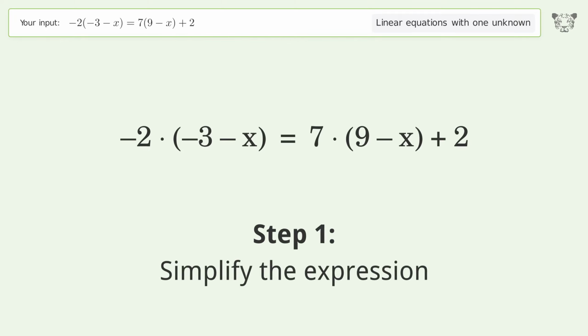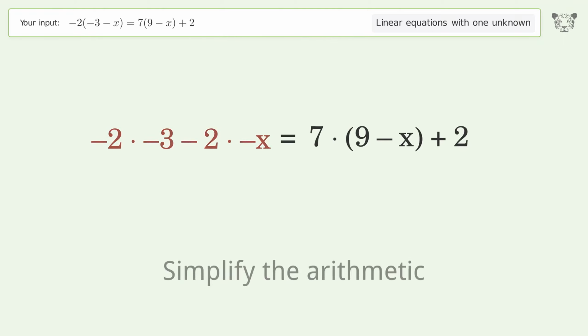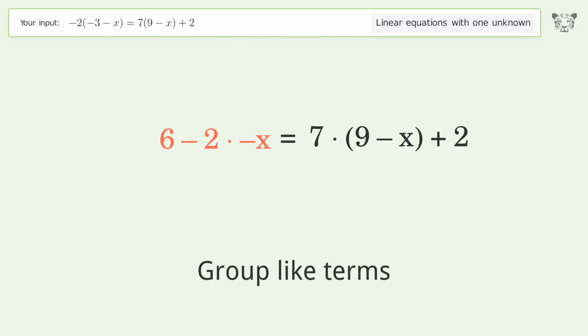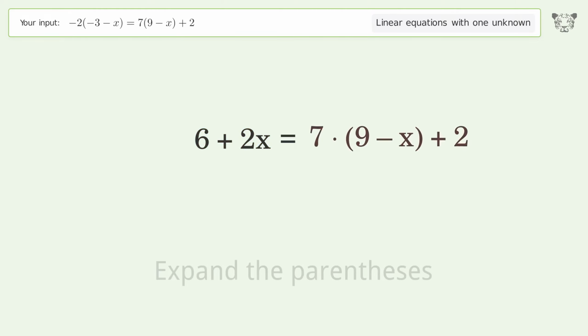Simplify the expression. Expand the parentheses. Simplify the arithmetic. Group like terms. Multiply the coefficients. Expand the parentheses.